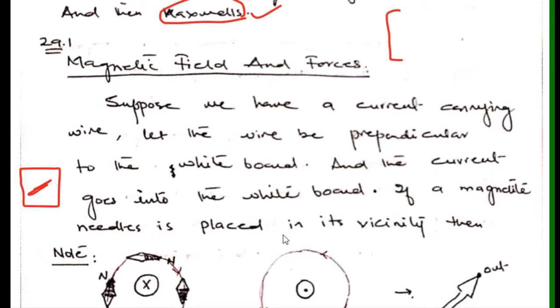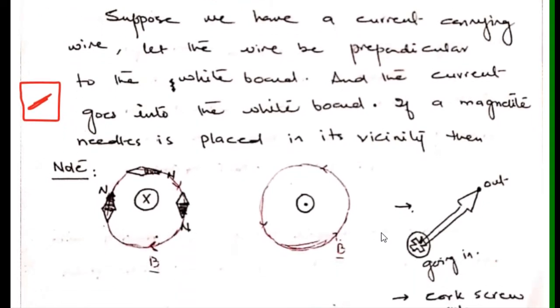If a magnetic needle is placed in its vicinity, then what will happen? When the current is going into the whiteboard and I place a magnetite in the vicinity of the conducting wire, I can see that the north pole of the magnetite will point in this direction. If I place the magnetite over here, then it will point in this direction.